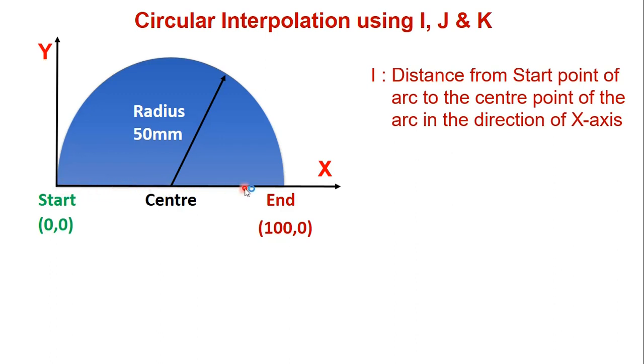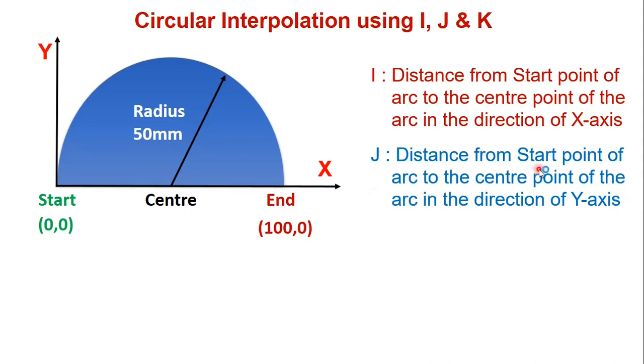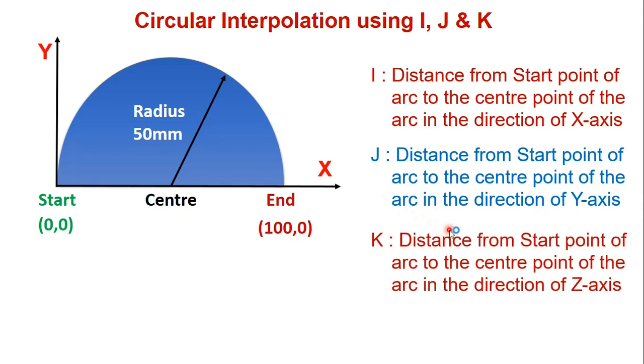Similarly for J, it is the distance from the starting point of the arc to the center point of the arc in the direction of the y-axis. Now if K is there, that will be the distance from the starting point of the arc to the center point of the arc in the direction of z. So at any given time we will be using a minimum of 2 axes.